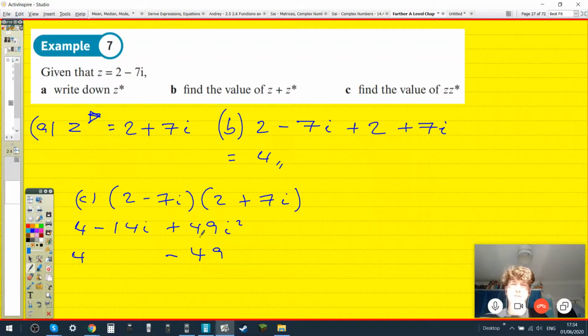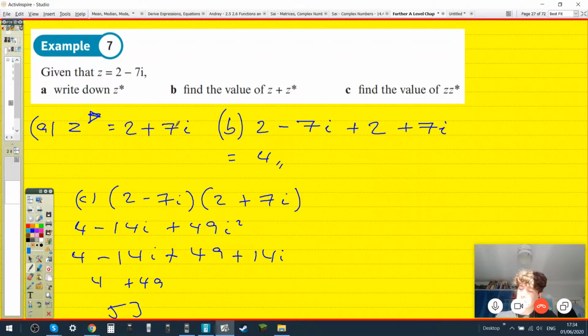Different signs, so it's just plus 49. And then minus 14i again, because minus 7 times 2 is minus 14. One of the 14i should be a plus. So then the 14i's cancel out, then it's just 4 plus 49, so it's 53.